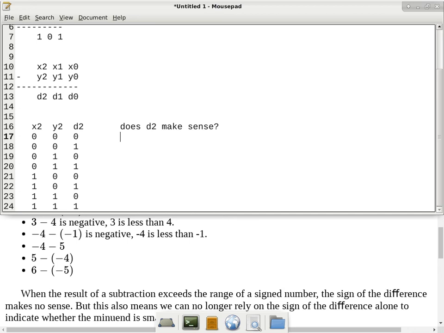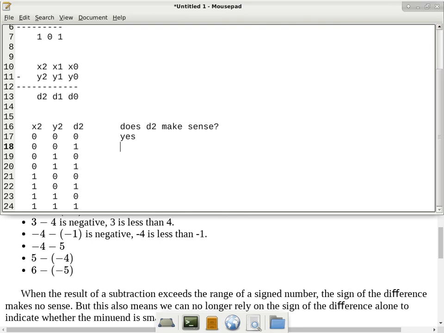Can that happen? 1 minus 1 is 0, and they're all non-negative, right? So it can happen. So we'll say it makes sense. Yes.